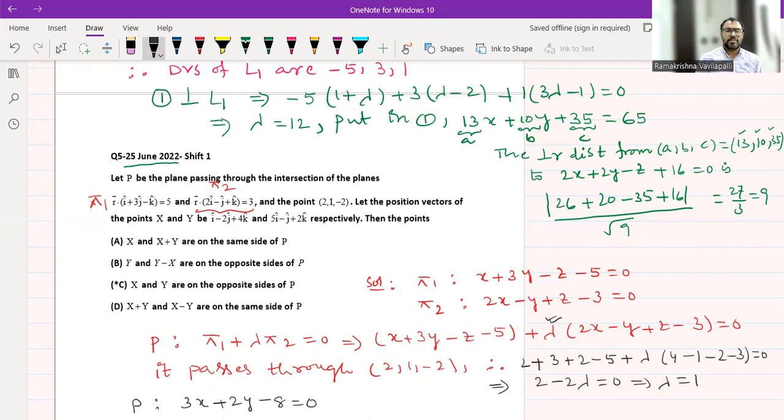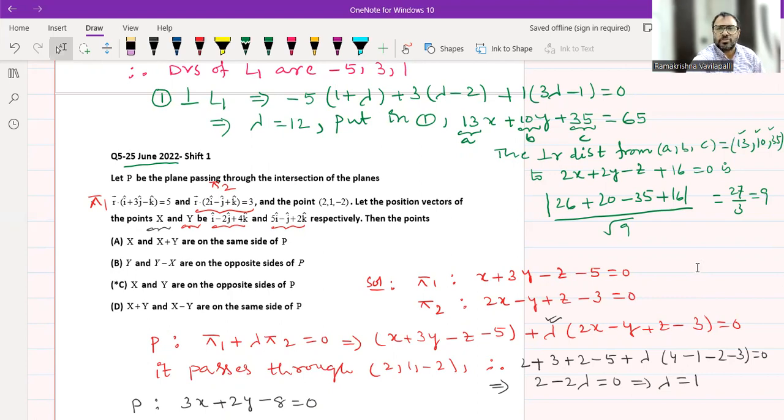Now the question is not yet finished. They are asking, let the position vectors of x and y be given as 2 points. They are asking about the positions of these points with respect to this plane.